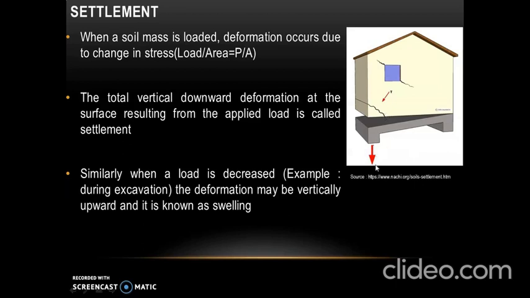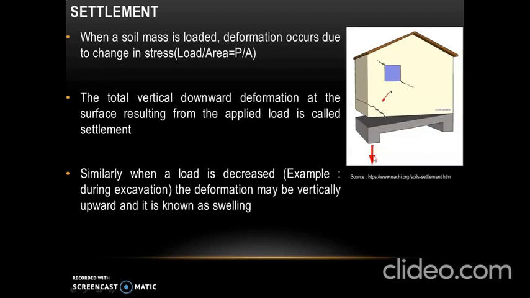Similarly, when the load is decreased or due to the removal of the load, like for example during excavation the earth is removed, that is a part of soil mass is excavated, due to which the deformation will be vertically upward, and this process is referred to as swelling. Both settlement and swelling can be determined by using the same procedure.